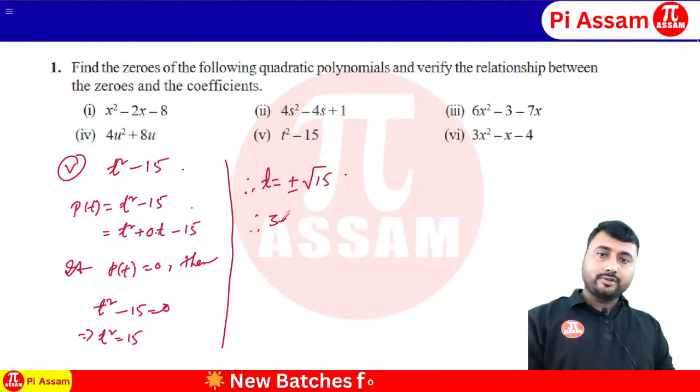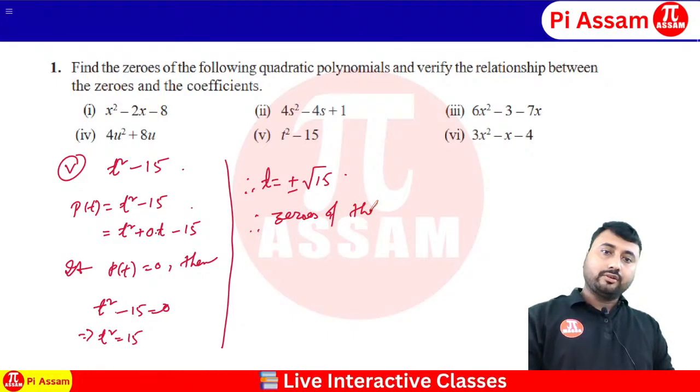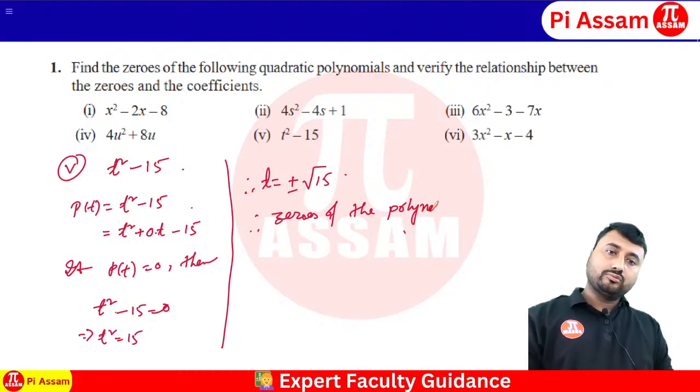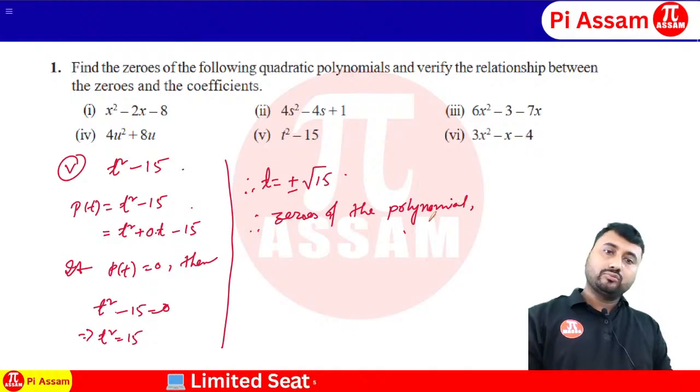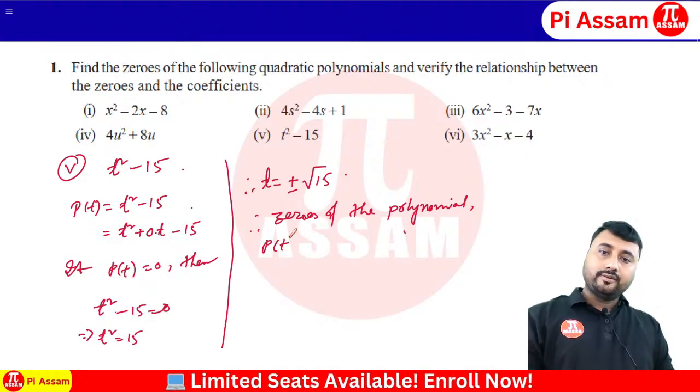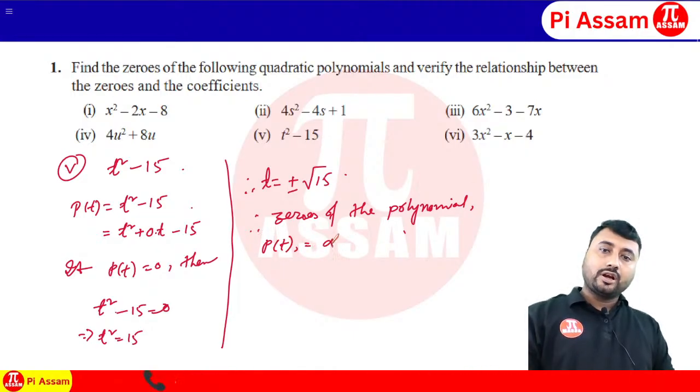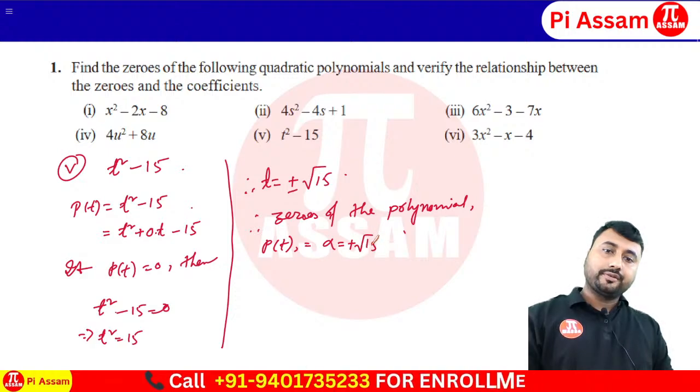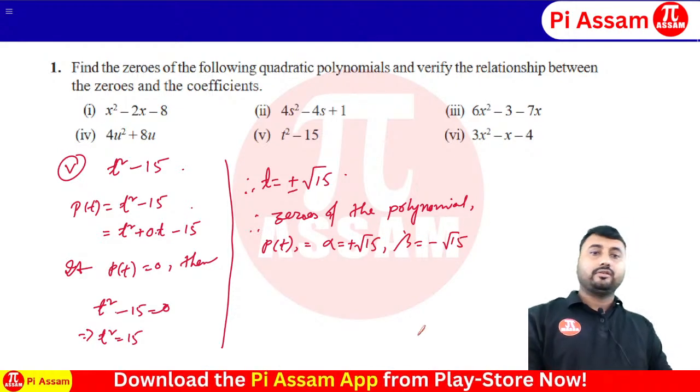Therefore the zeros of the polynomial p of t are alpha equal to plus root over 15 and beta equal to minus root over 15.